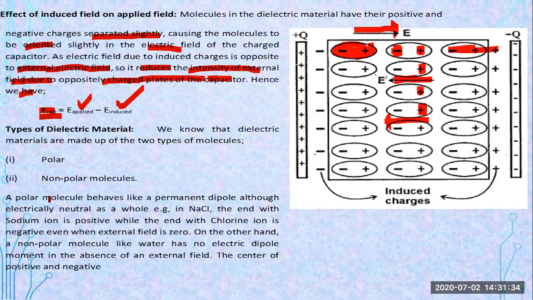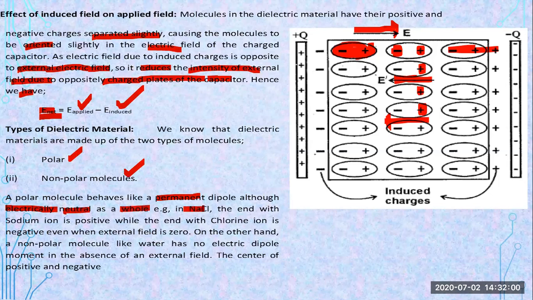So there are two types of polarization. We know that dielectric materials are made of two types of molecules. One is polar, the other is non-polar. A polar molecule behaves like a permanent dipole, though electrically neutral as a whole.